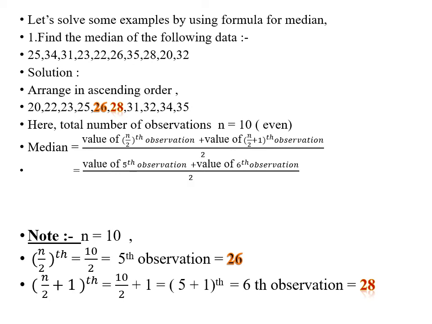So in the arranged data, the 5th observation is 26, and n by 2 plus 1 means 10 by 2 plus 1, that is 5 plus 1, means the 6th observation is 28. So the median is 26 plus 28 upon 2, that equals 54 upon 2 is equal to 27. This is how to calculate the median by using the formula, for the total number of observations when it is even.